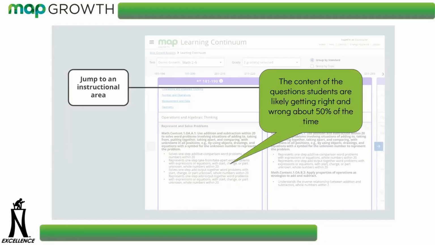So it's very important, like this one here says, solve one-step additive comparison word problems, numbers within 20. If your students are in this RIT band, those are the things that they are missing or that they need.